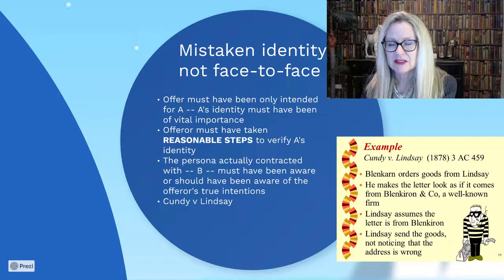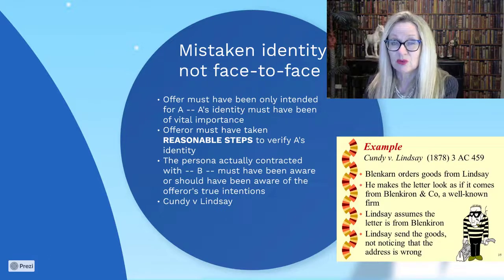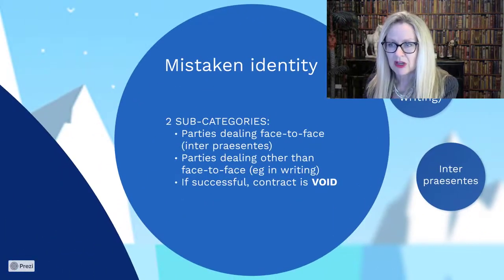Cundy and Lindsay is the case law there. Just a crook who wrote a letter and signed his name, which was Glenn Calm, signed it to look like Blenkeron, and Blenkeron was a reputable dealer in goods. So successful argument there, the contract was void at common law.